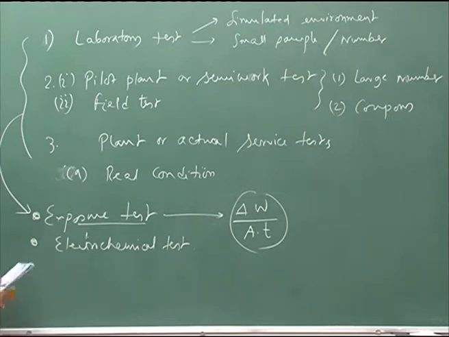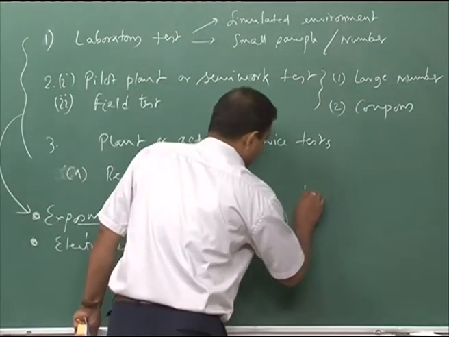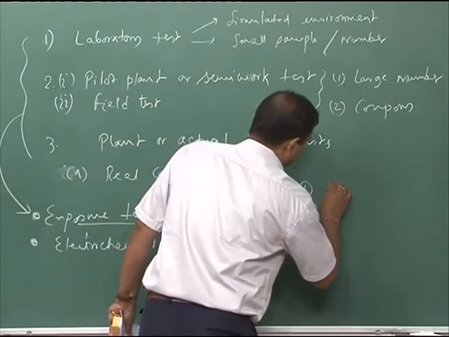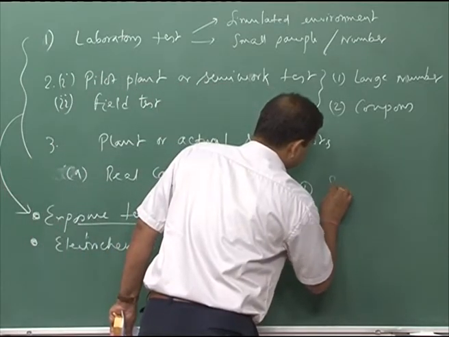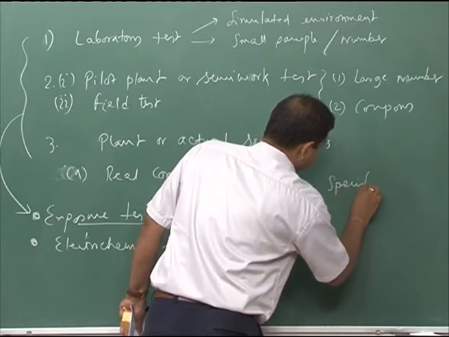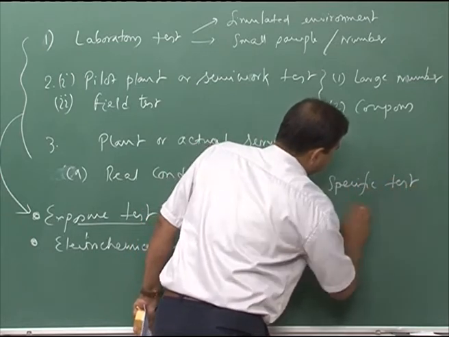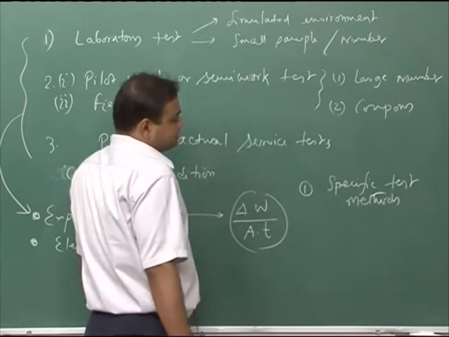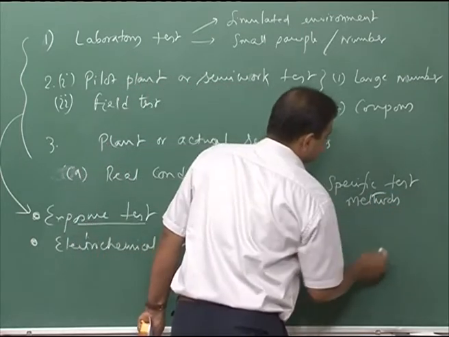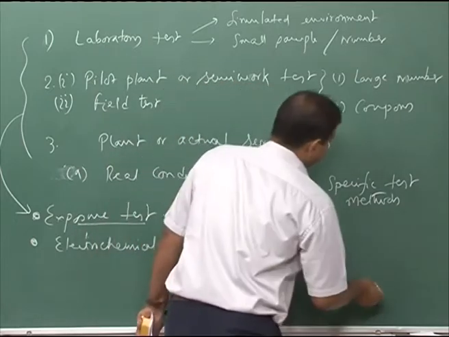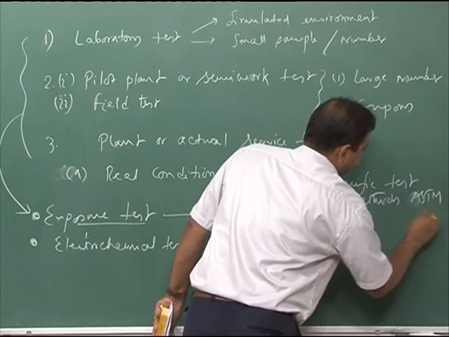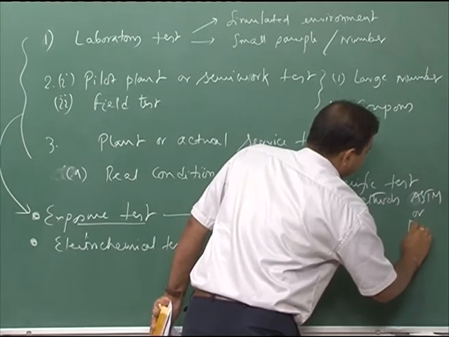For the exposure test, of course, we need to follow some standard. One is the conditions for the exposure test, the specific test methods, and those test methods can be found in different standards, either ASTM or NASA.